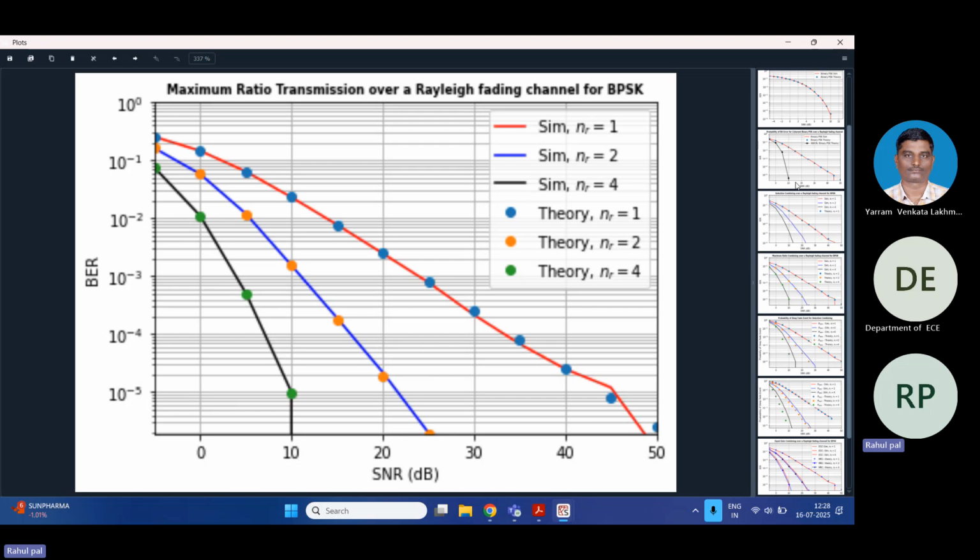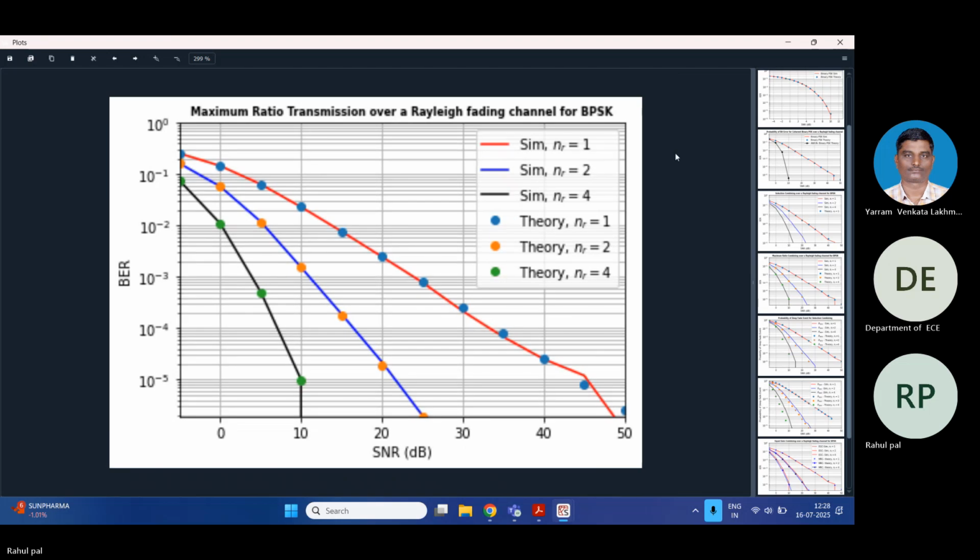Okay, let me complete that. So now the maximal ratio transmission you can see here. The number of transmit antennas we are increasing and the probability of error gets reduced. So this is the whole concept of the maximal ratio transmission. The code is always here. You can practice at your home.